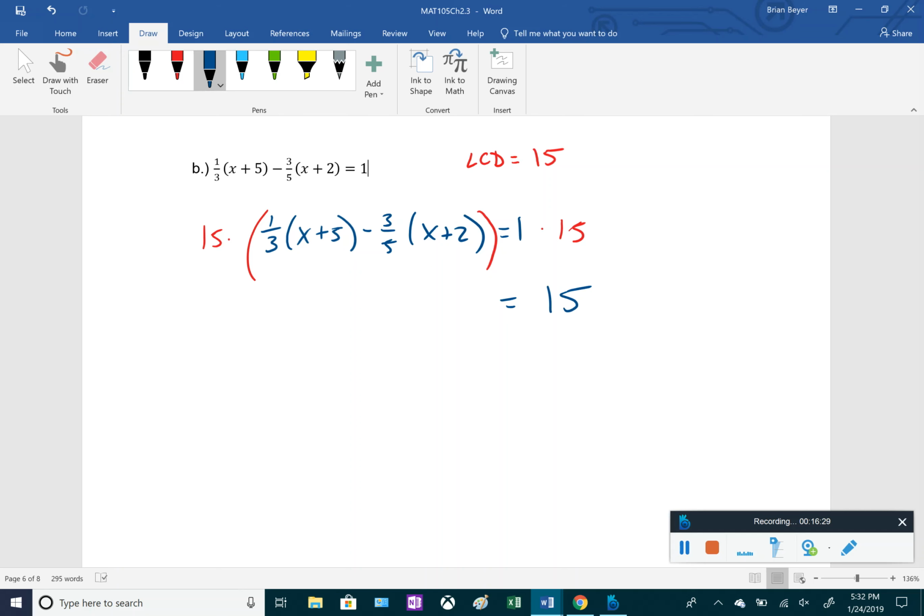On the left-hand side, we have to distribute. So it's going to be 15 times 1/3 x plus 5. What I'm going to do this time, I'm going to simplify it a little bit differently. I'm going to simplify it in one step. So I'm going to use the fact that 15 times 1/3 is 15 divided by 3, which is 5.